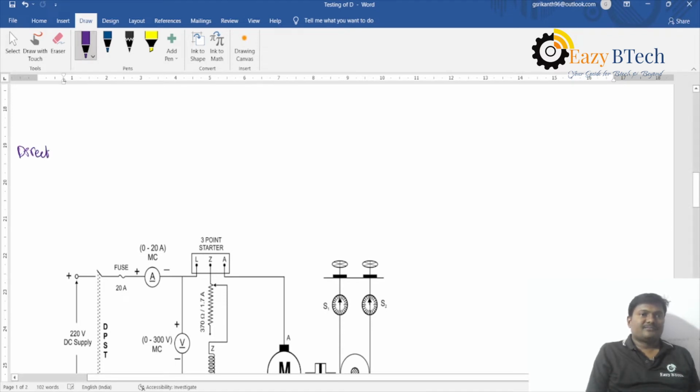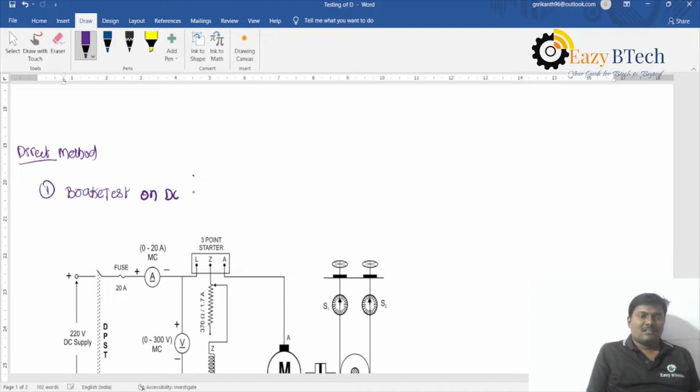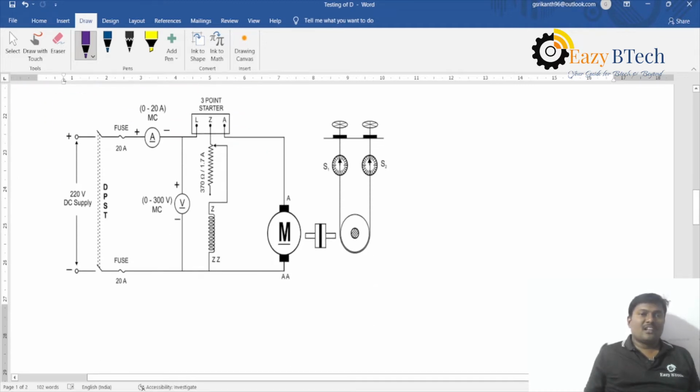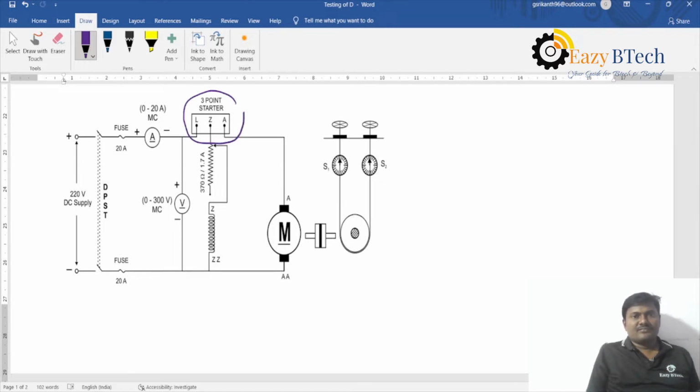The first method is the direct method. In this direct method, I have the brake test on a DC shunt motor. If you observe this diagram, we already discussed the 3-point starter.